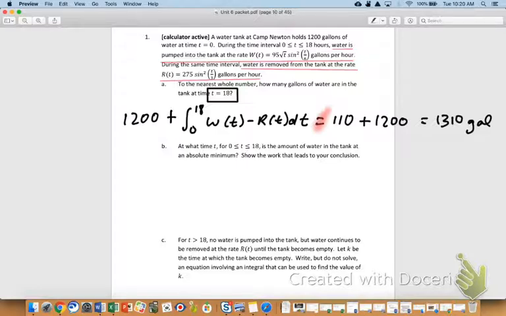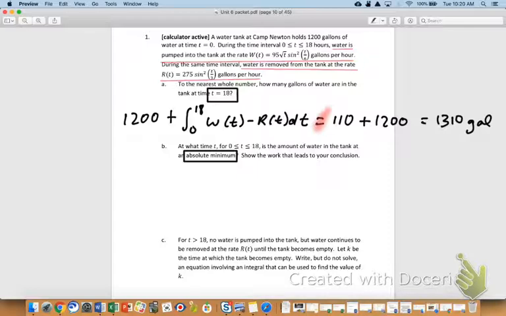For now, though, let's look at B. B says, at what time is the amount of water in the tank at an absolute minimum? These are obviously your key words. What are your candidates for absolute minimums? When the derivative equals 0, aka critical points. Or it doesn't exist. Yep.